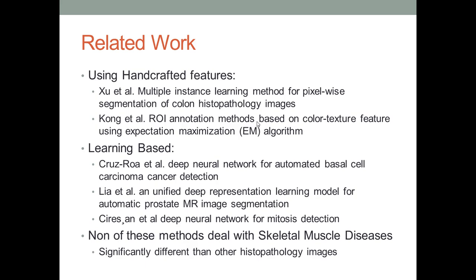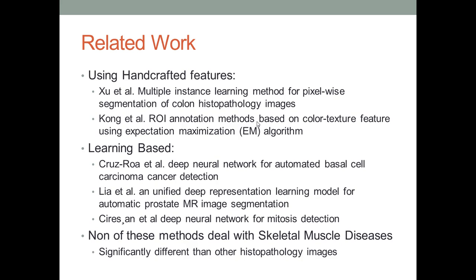particularly deep learning in recent years. Much of the work has been done in the area of natural images, where ImageNet is probably the biggest one, done in 2012, since when deep learning has been growing very rapidly. And in the area of medical science or biomedical engineering, or histopathological image analysis, Cruz-Roa et al. have demonstrated the use of a deep neural network for automated basal cell carcinoma cancer detection.